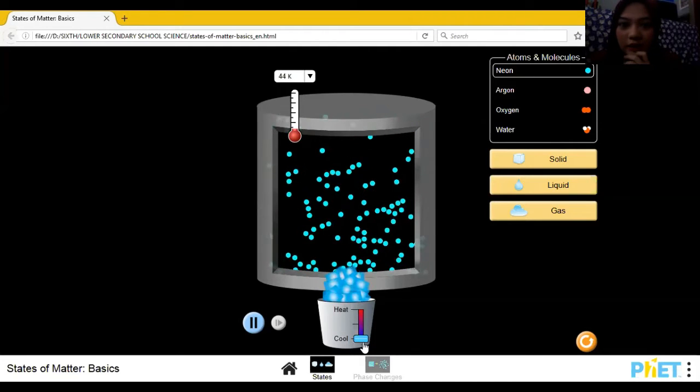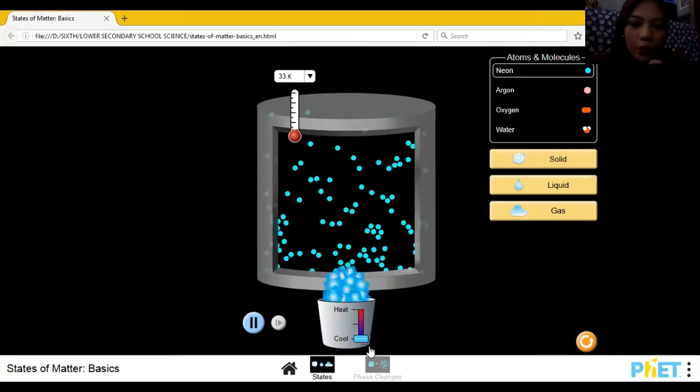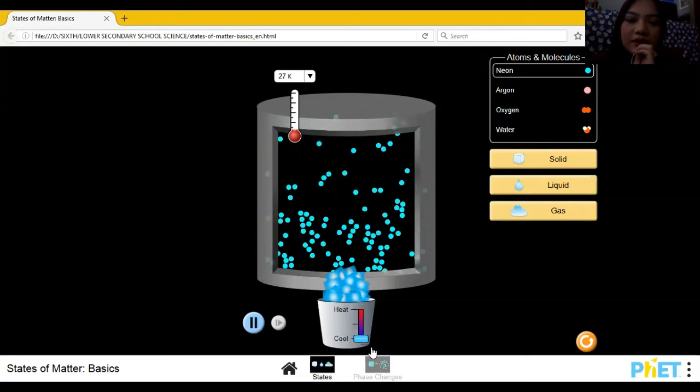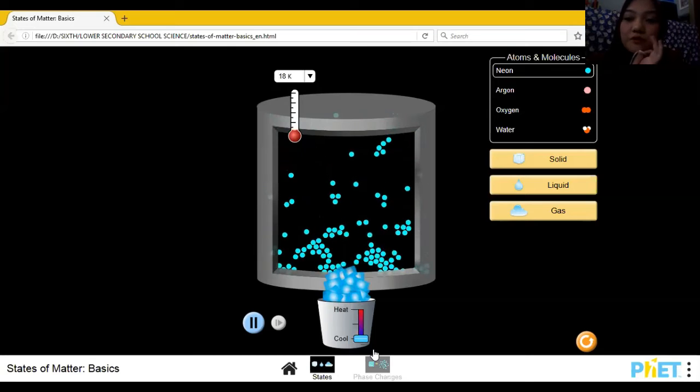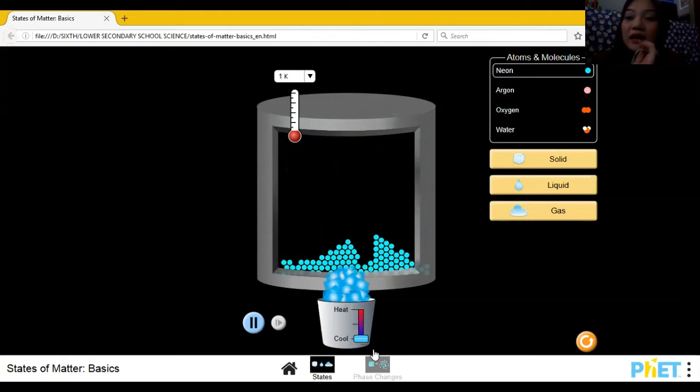Okay, we cool it. The particles move slower, and in the end it looks like a solid, right? They do not move, only vibrate.